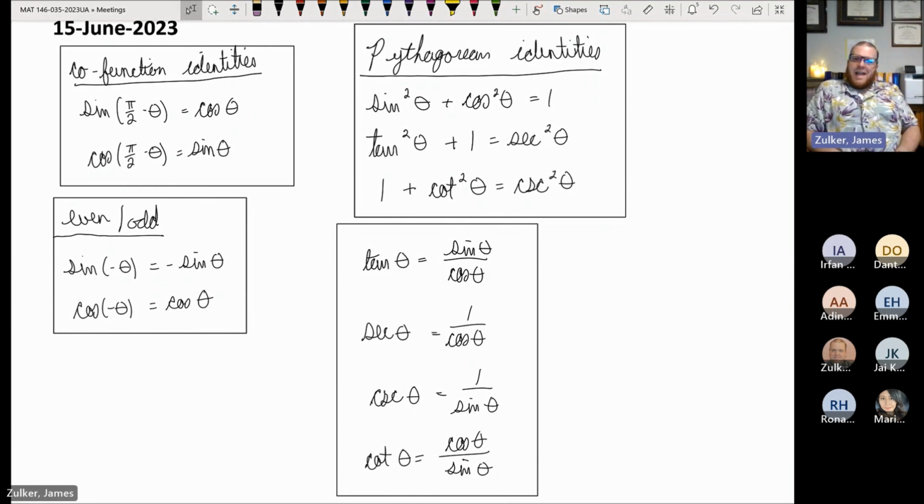So again, I would recommend you have these written down on a reference sheet. Let me see if I missed any. Okay, so the only other identities it looks like that I'm missing are the periodic identities.